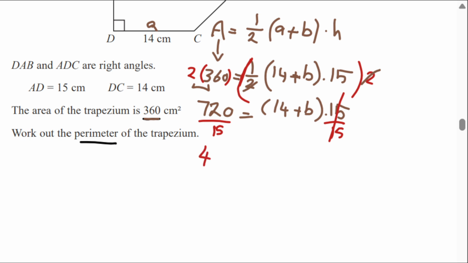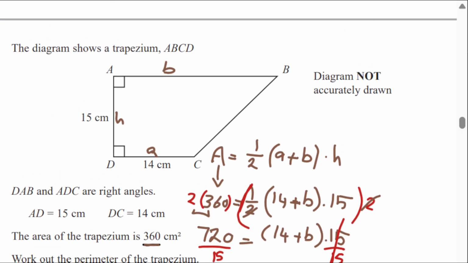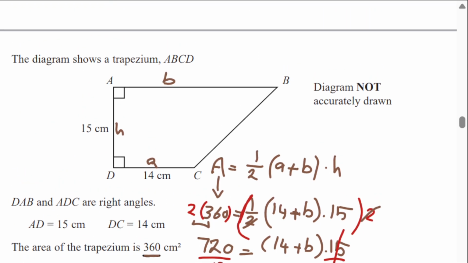So that's 48 is equal to, on this side, I'll just have 14 plus B. Now to find B, we'll do minus 14, this cancels. So B is equal to 48 minus 14, which is 34. That's very good. Now, this side here, all of it is 34, right? Now, this is good.